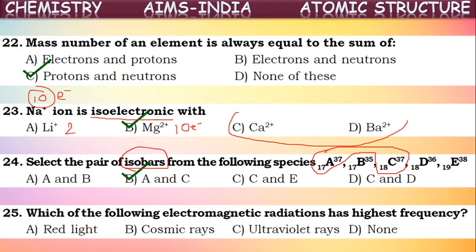But some electromagnetic radiations like cosmic rays and X-rays have a very short wavelength. So they will be having very high energy as well as high frequency, which are much more dangerous to us. We should not be exposed to such kinds of radiations.